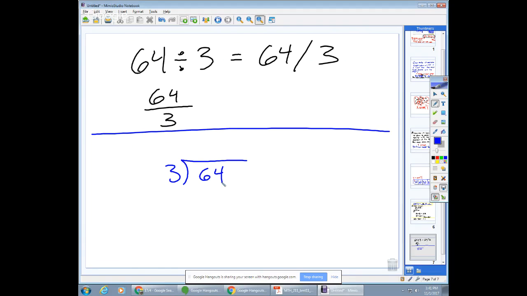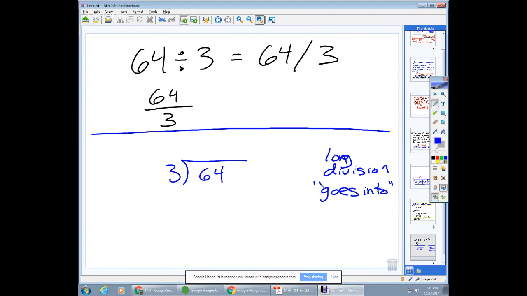And that's going to cause confusion early and later. So usually I kind of separate these and say, hey, these are our division symbols. This symbol right here, we can either call it the long division symbol, or we could call it the goes into symbol. So we want to figure out how many times does 3 go into 64.